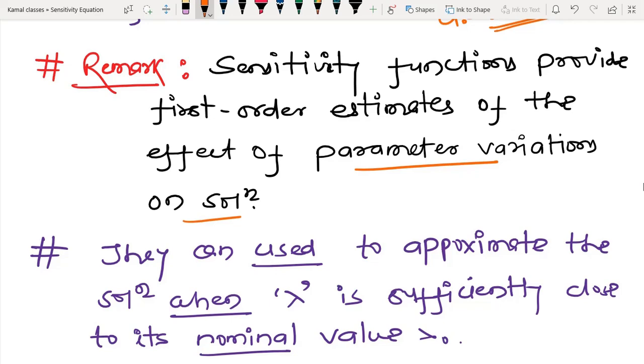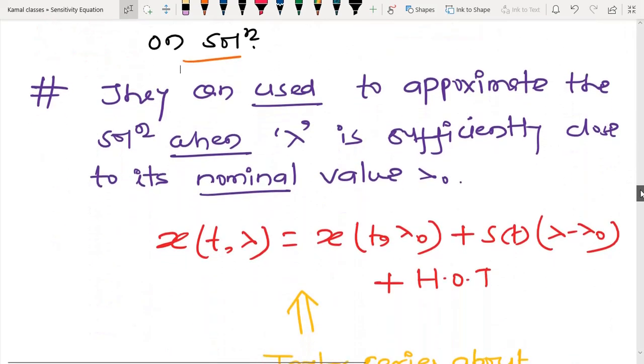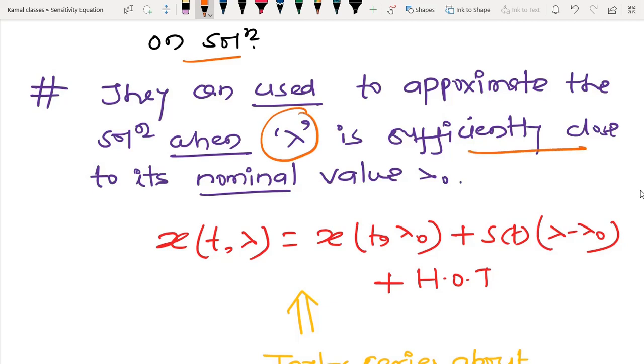Now, using this particular variation, we are also going to locate the solution. They are used to approximate the solution when lambda is sufficiently close to the nominal solution lambda 0.